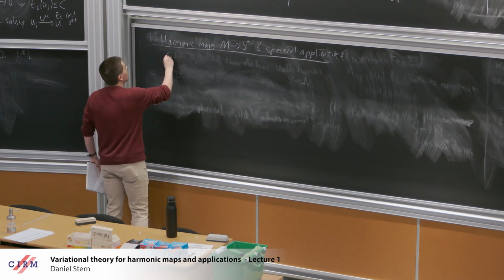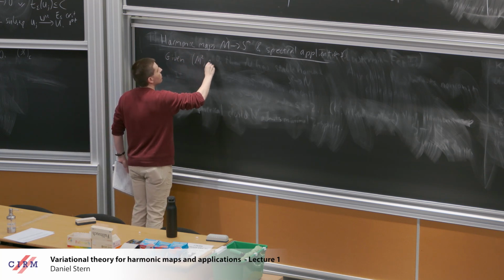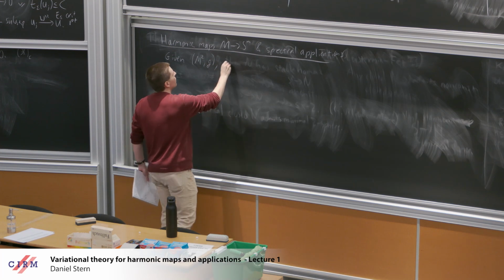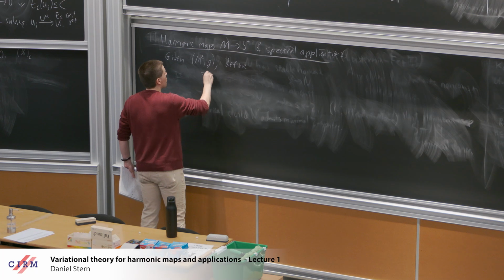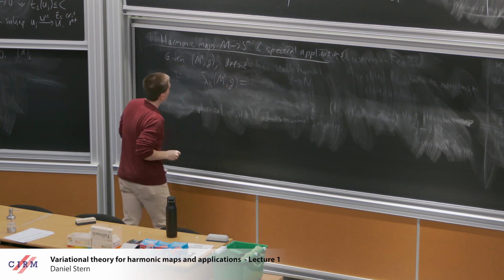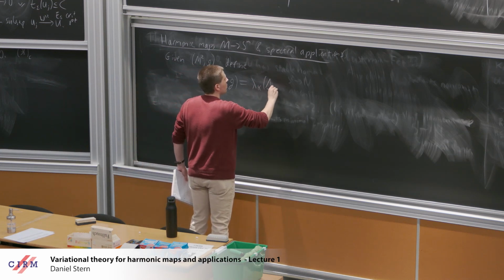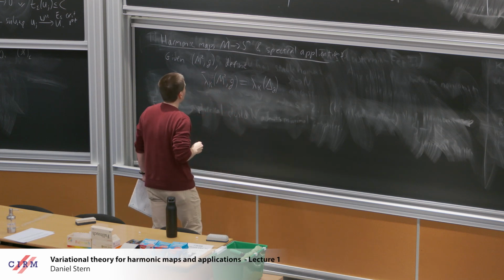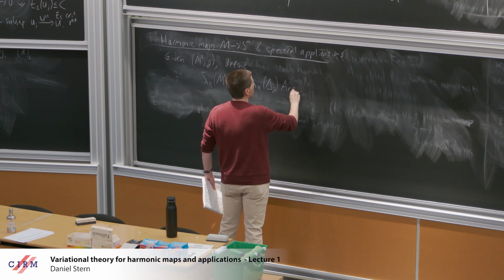So given a closed two-dimensional surface, let's define lambda k bar of M, g to be the kth eigenvalue of the Laplacian, our favorite sequence of geometric invariants, times, well, that has some scaling, so let's introduce something to make it scale invariant.